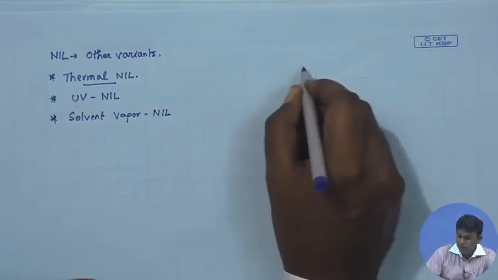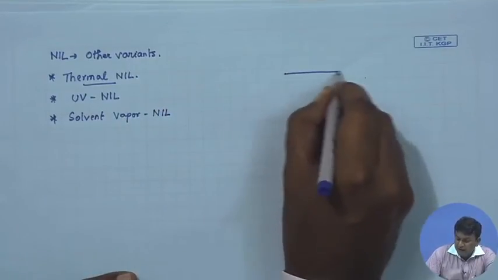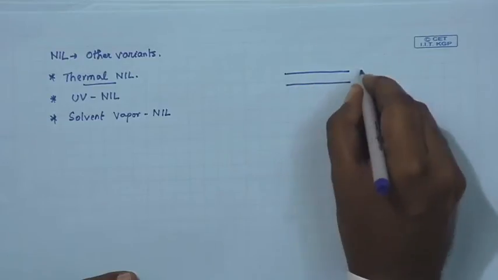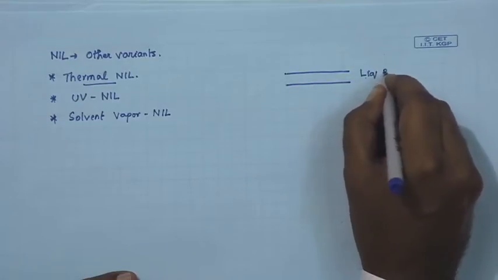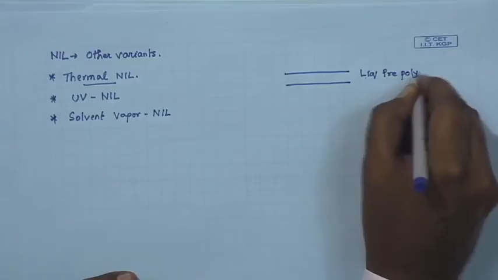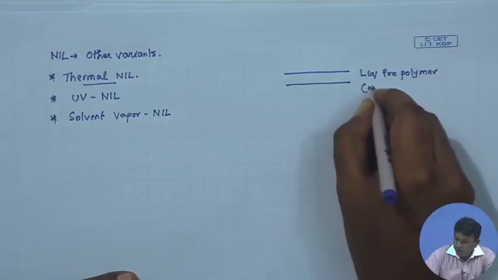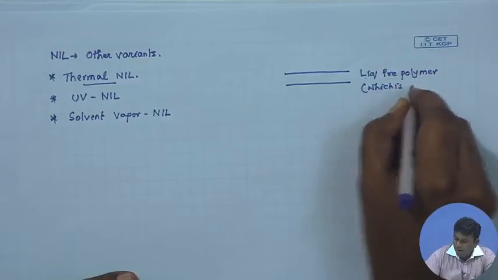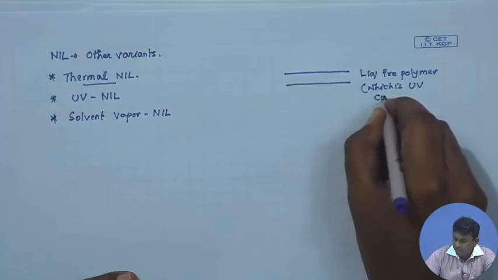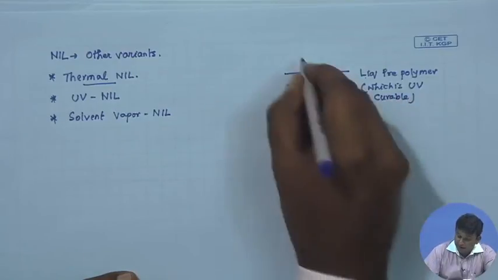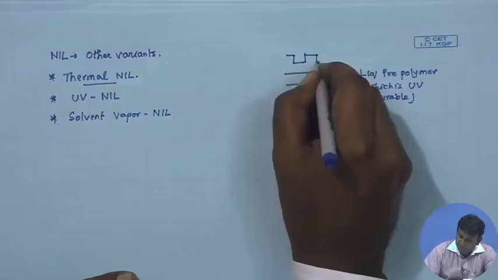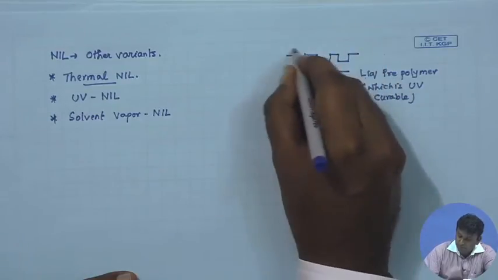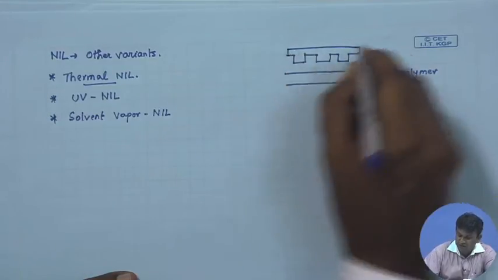UV NIL, what you do is very simple. You take a liquid prepolymer, which is UV curable, and take a rigid stamp again, but this has to be transparent to UV.